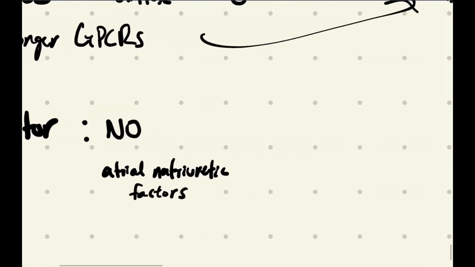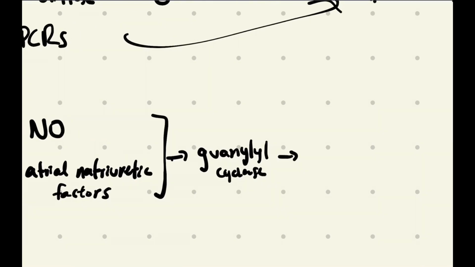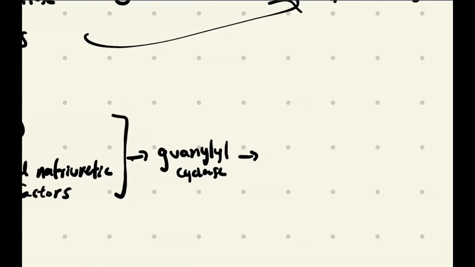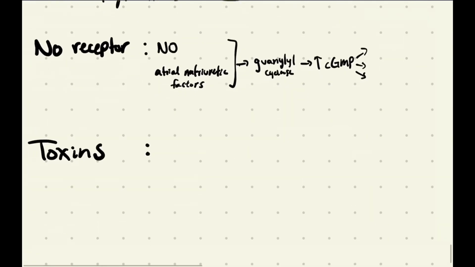So these two things are going to directly bind to this receptor called guanylyl cyclase. And as a result, that's going to be kind of like your adenylyl cyclase, but in this case, it's going to increase your cyclic GMP levels. And your cyclic GMP acts as a secondary messenger, and it affects many different things downstream.